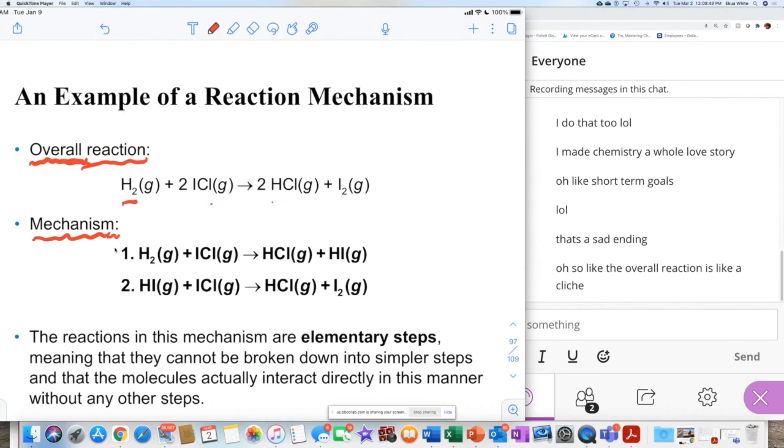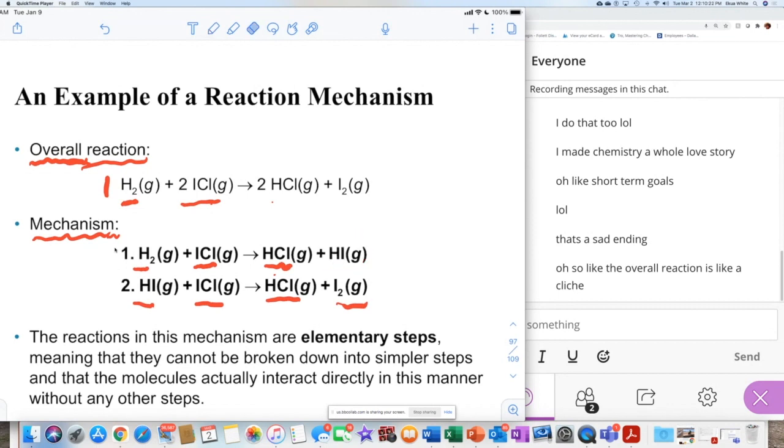Over here, it looks like the one hydrogen particle is reacting with two of the ICl, right? But in the mechanism, the one hydrogen particle technically reacts with only one of the ICl. And then it produces HCl and HI in the first step. Once the HCl and the HI is formed, the HI goes ahead and reacts with the second ICl particle, and then that produces even more HCl and I2.